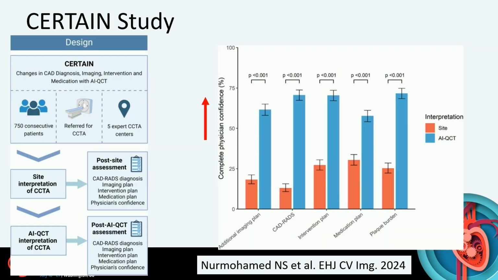When you apply it in your practice, you want to see how it actually works and how it changes what you do, and certain studies aimed to do that. In 750 patients, in 5 pretty expert centers, they asked the doctors what they would do once they have the results from the AI-QCT analysis, both the quantitative assessment as well as ischemia, across different areas: additional need for imaging, CAD-RADS, interventional and medication plan, plaque assessment, all with higher fidelity in your results.